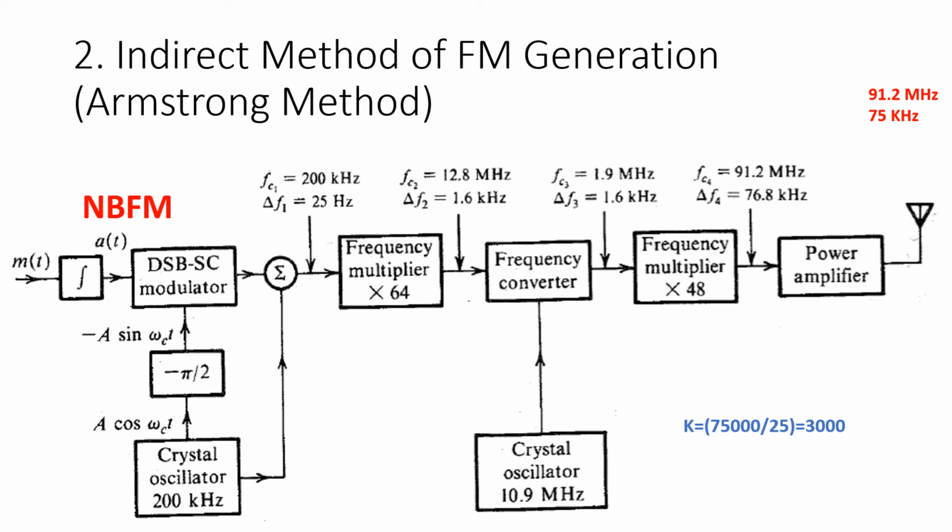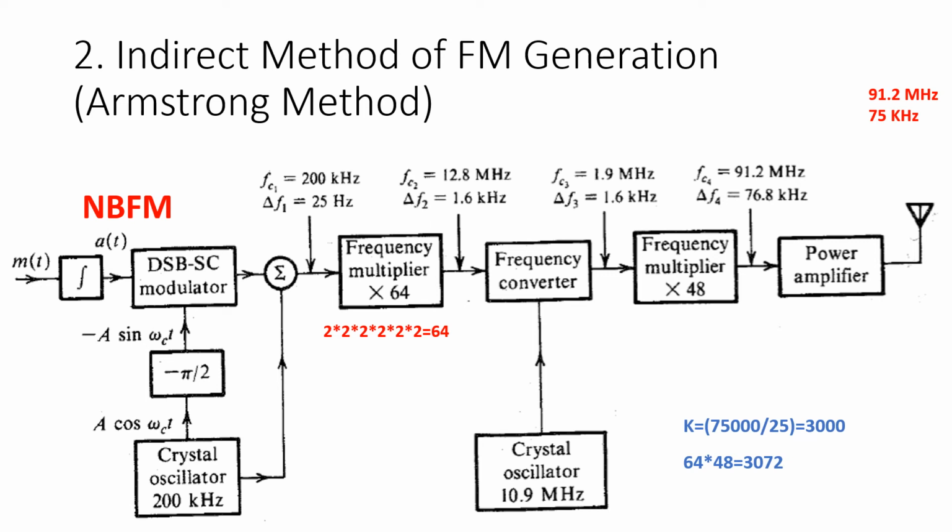But practically, we can have multiplying values of 64 and 48, which give us a total multiplying factor of 3072. Now this first multiplying value of 64 can be implemented with the help of 6 frequency doubler circuits connected in cascade.